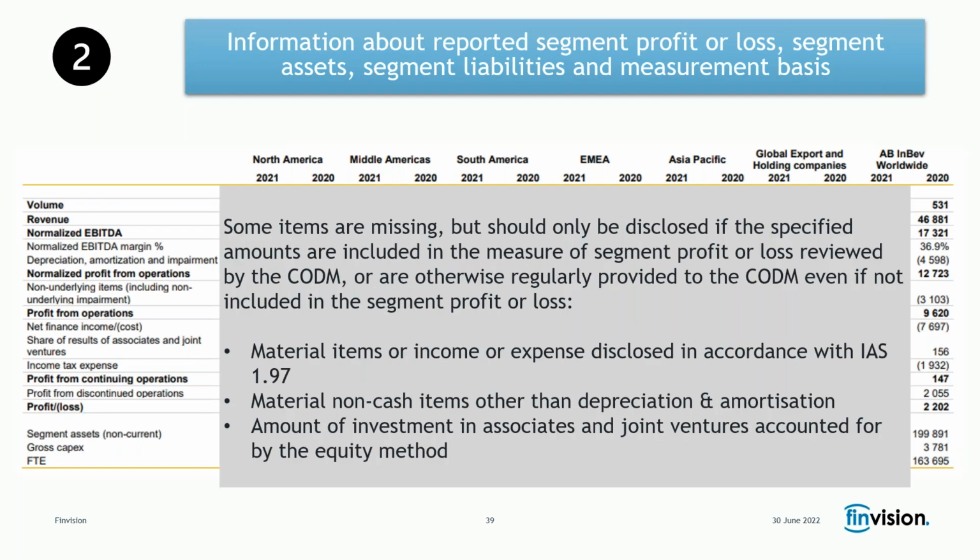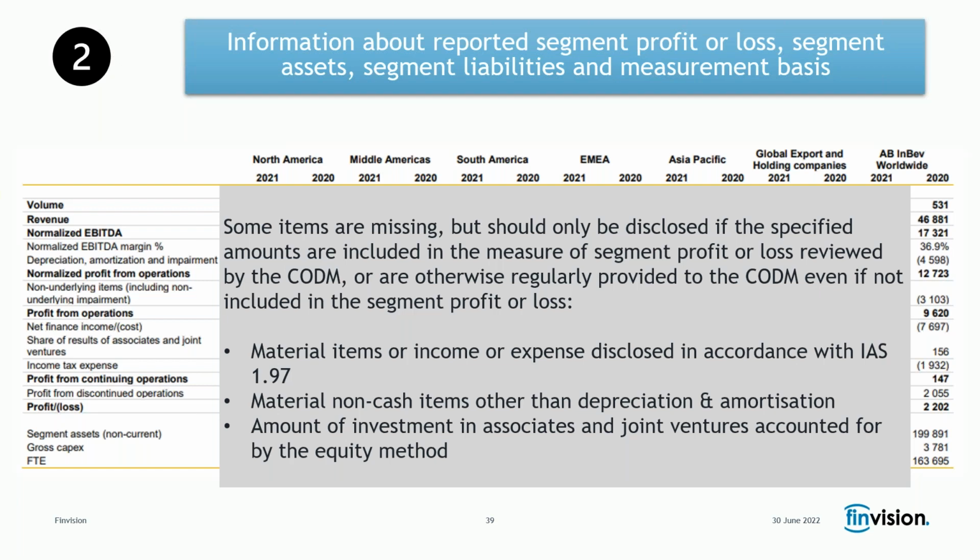There's some items missing here, but like I said, it should only be disclosed if it's part of the measurement basis for the segment profit and loss, which is reviewed by the chief operating decision maker. Examples are material other non-cash items besides depreciation and amortization, material items of income and expense, which are disclosed in your statement of income but are not disclosed here, or the total amount.